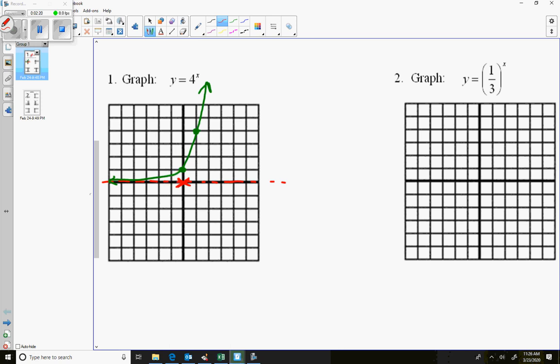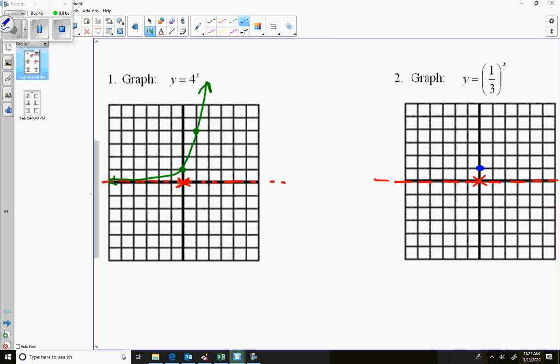Whereas number 2, my base of 1/3 is smaller than 1, so it's going to be exponential decay. It is still an exponential function. It is exponential decay. Goes to the point 0, 1. Now, 1/3 would be similar to the base of 3, but instead of increasing, it's going to be decreasing.